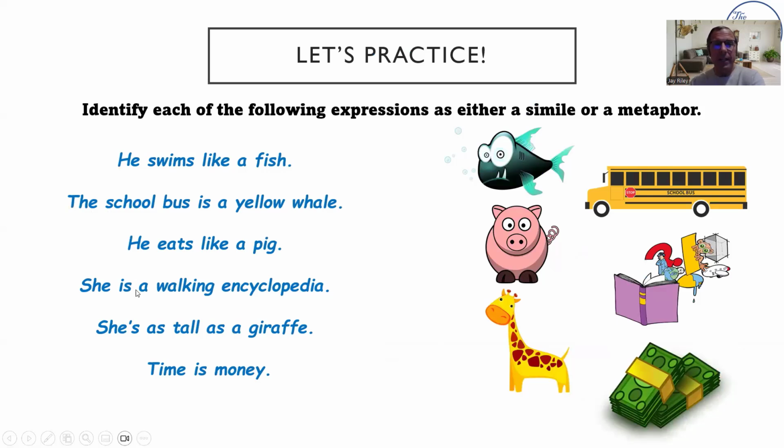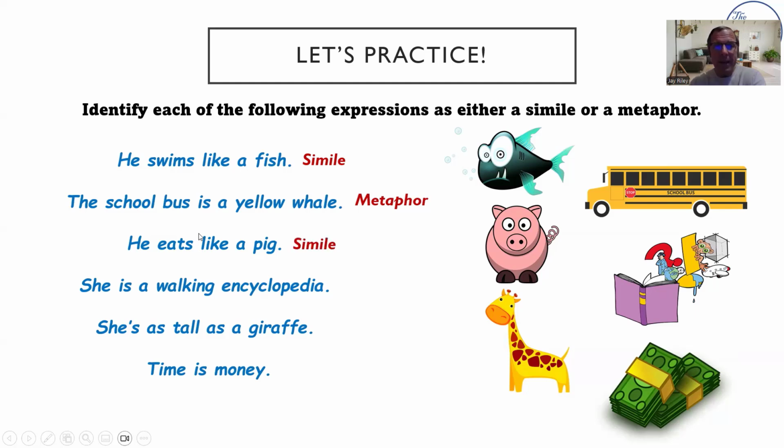I want you to look at these 6 sentences and tell me if it's a simile or a metaphor. You can pause the video and complete this on your own, and I'll work through this now. He swims like a fish is a simile. I see the word like. The school bus is a yellow whale. That's a metaphor. It says it is a yellow whale.